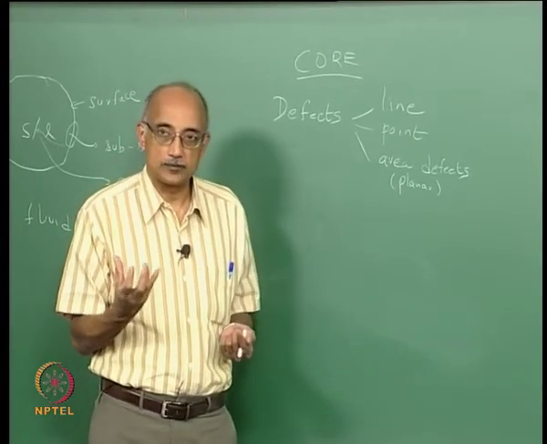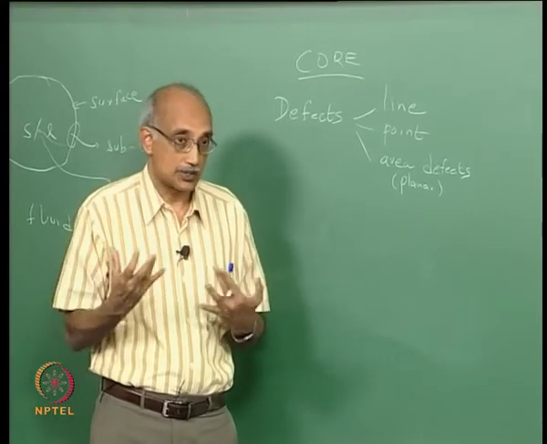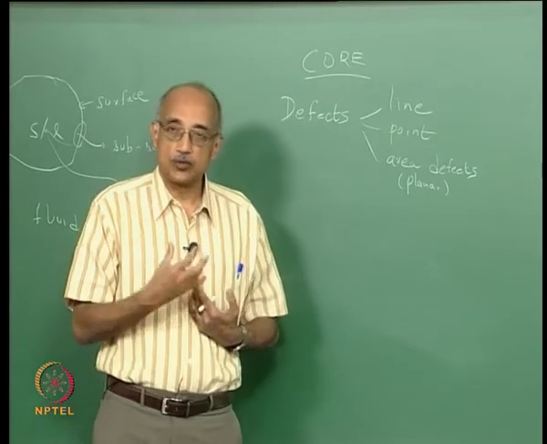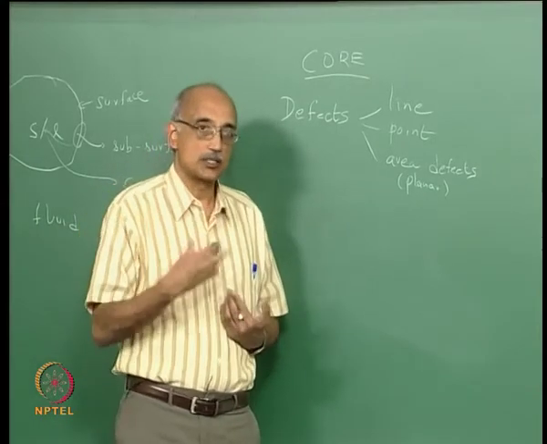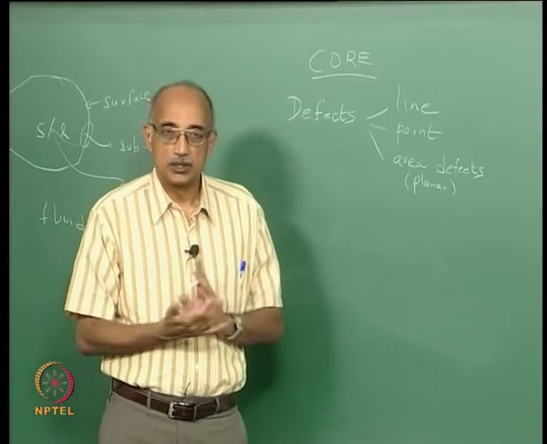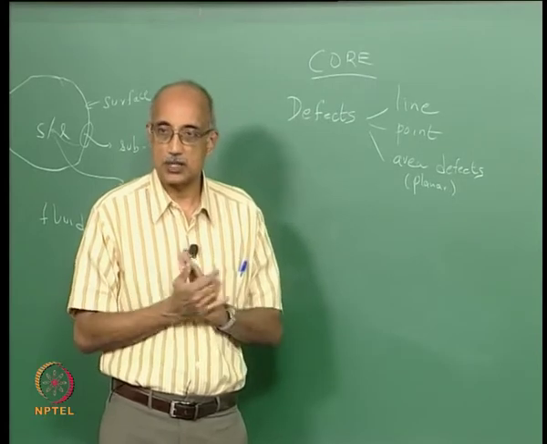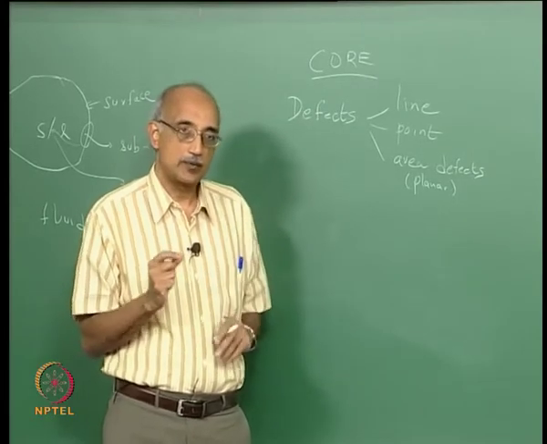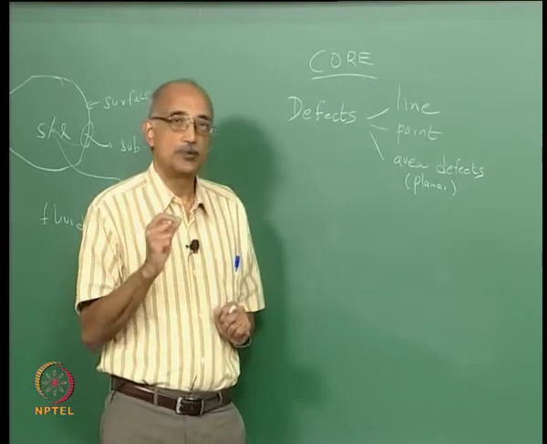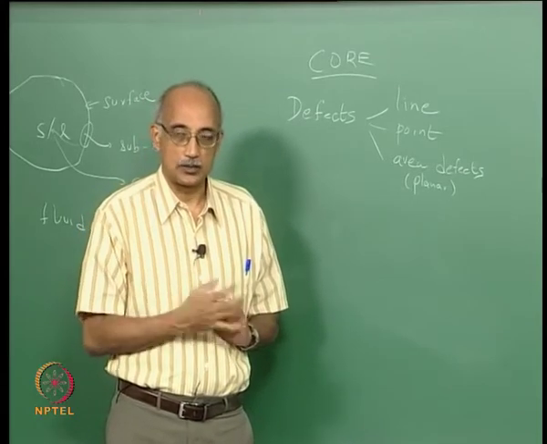or it could be a defect that is more fundamental to the material itself. For example, the material may be supposed to have a certain crystal structure, but during its formation the crystal structure itself might have been altered. There might have been some slips, some stress formations that led to a collapsing of the crystalline structure. So the defect may be essentially an imperfection in the crystal character of the material.